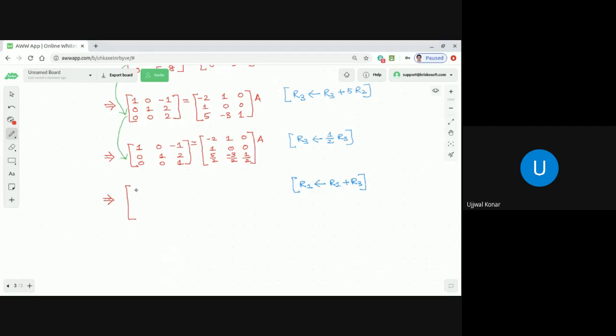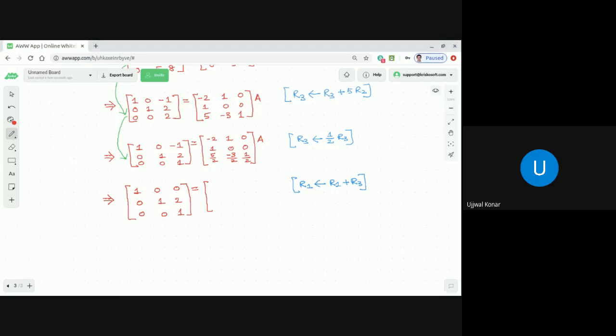So 1 0 minus 1 will now become 1 0 minus 1 plus 1, which is 0. The other two rows, the second and third row, will remain the same, 0 1 2 and 0 0 1. So dear students, on the left hand side, the first and third rows already look like the first and third rows of an identity matrix of order 3.